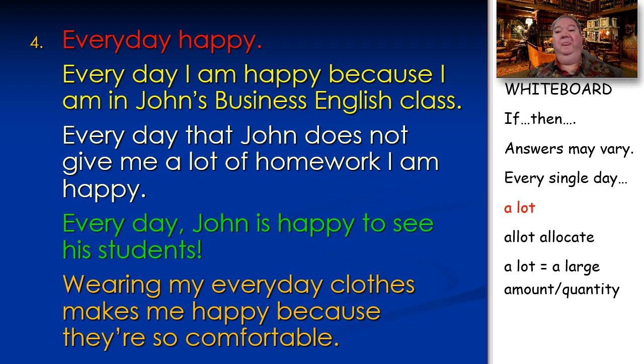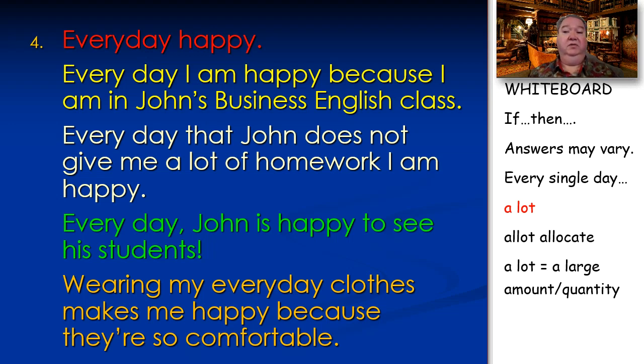Your everyday clothes, those are your comfortable clothes that you wear when you don't have to do something specific, like going to the office or working somewhere. Your everyday clothes, for me, that would be blue jeans and a t-shirt, and in warm weather, some sandals. That's my everyday clothes. Okay?